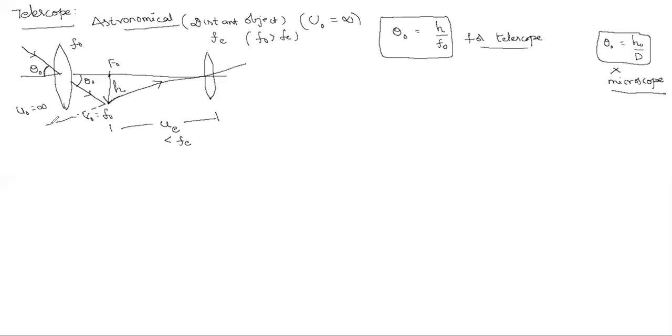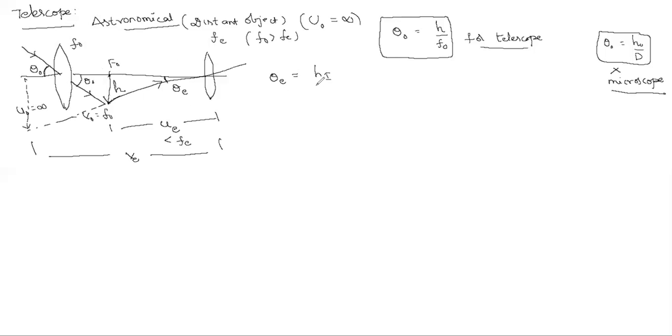Suppose the image is formed somewhere here, and this image distance from the eyepiece is ve. Then the angle made by the image is theta E, and tan theta e, which is theta e, equals h by ve.